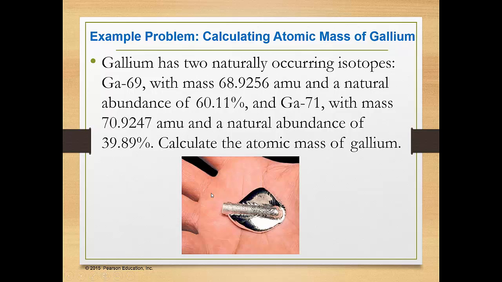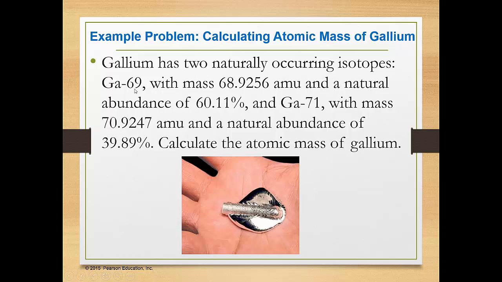Here's gallium. Very interesting element on the periodic table. I believe we've mentioned this one before, but this is the one that melts at body temperature. So it is a solid at about 96 degrees. You get it up to about 97, which is just about body temperature, turns to a liquid. Now, gallium has two naturally occurring isotopes.